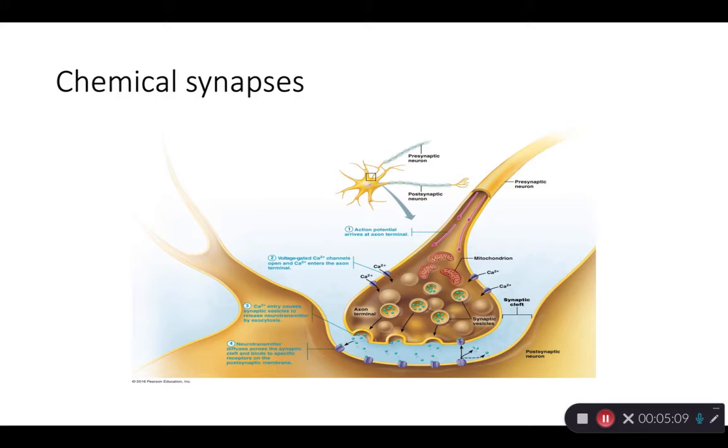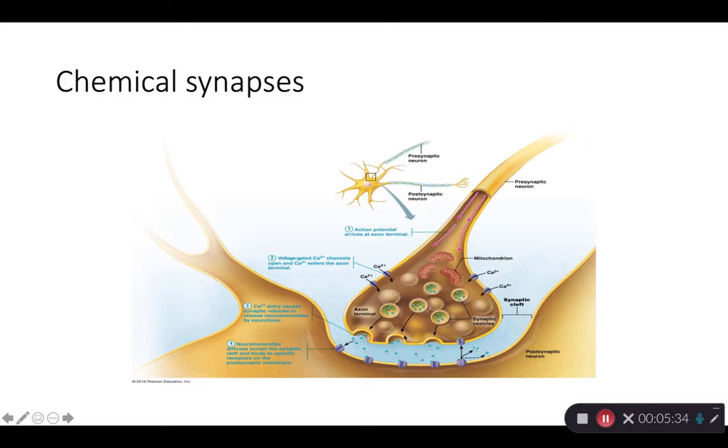So we see that happening here in this picture. Here are the voltage-gated calcium channels right here, and there are a couple over here as well. Here's the axon terminal, here's the synaptic cleft. The action potential is going to travel down the axon, get here, and trigger the opening of the voltage-gated calcium channels.